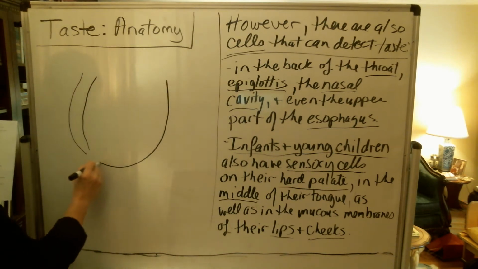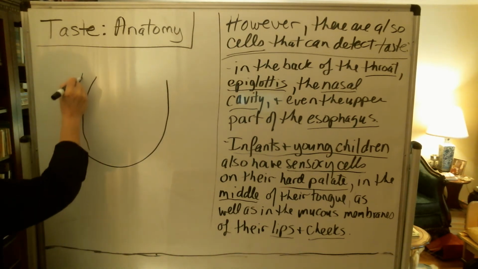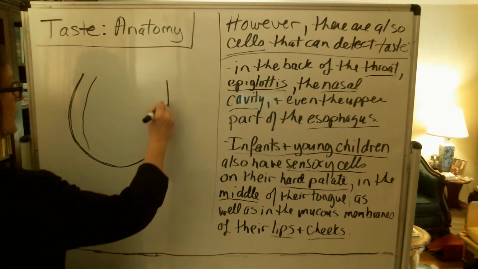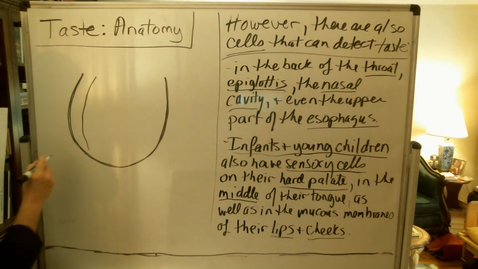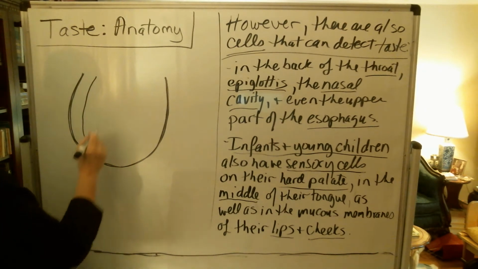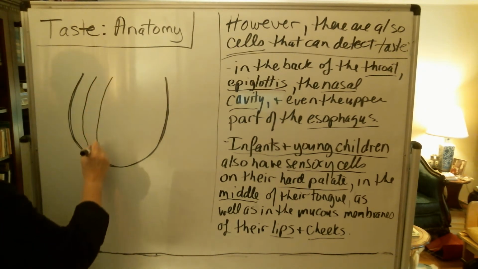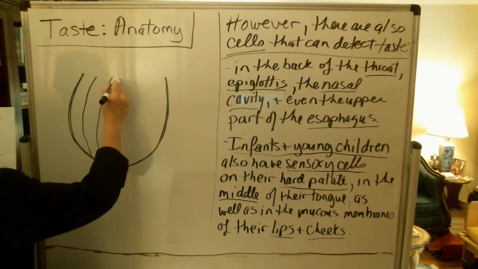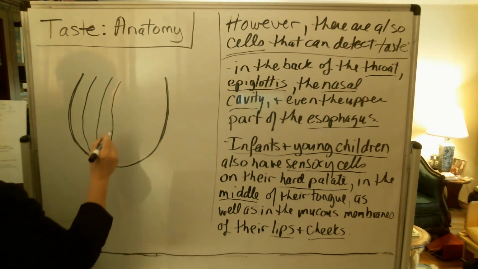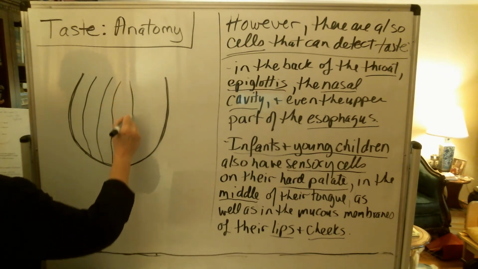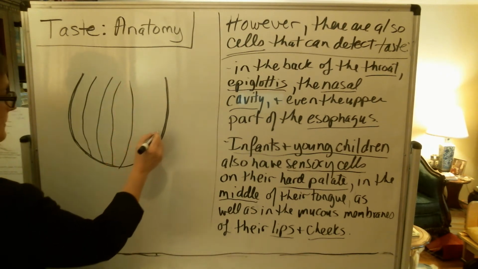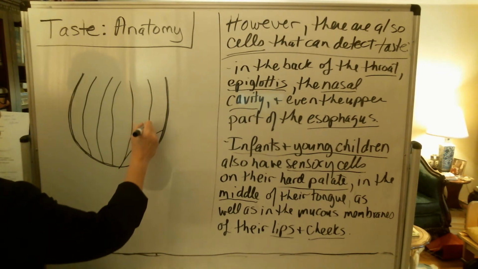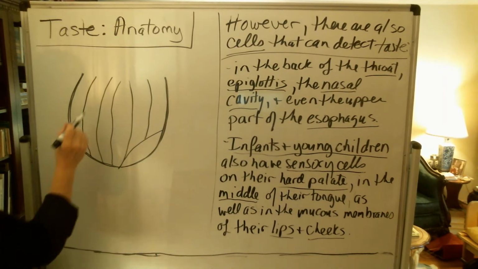First, I'm going to draw the outer portion here. The anatomical feature that senses taste is known as a taste bud, and it really does look something like a bud, like a flower bud, like a tulip maybe or something. So let's just put this in here like this.